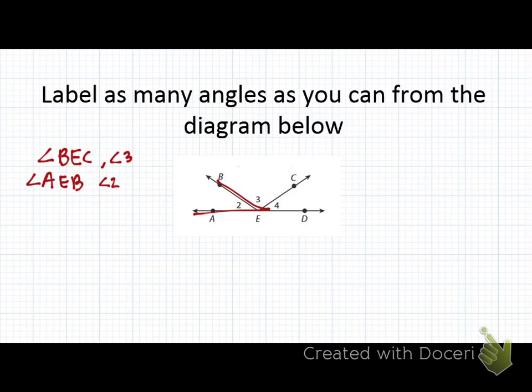We also have angle CED, which is angle 4. And then we have the straight angle. If you think about this, we have angle AED, right? That's our straight angle.